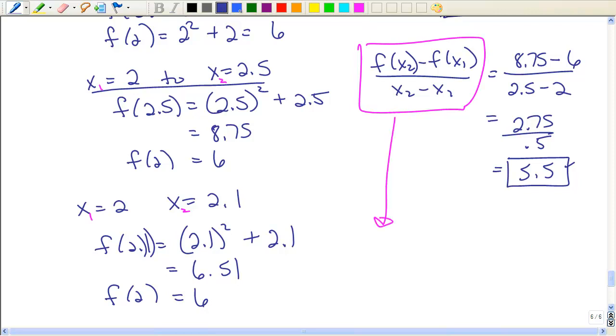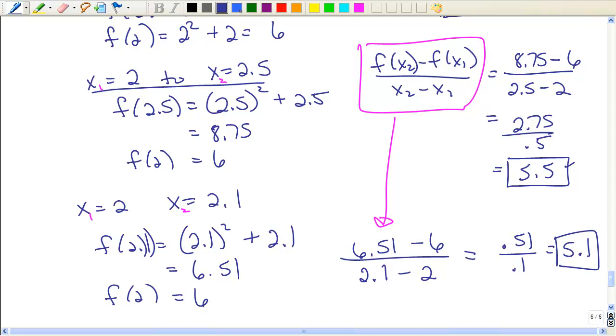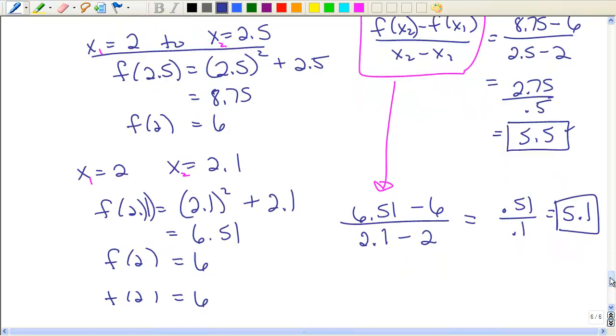So I have 6.51 minus 6 over 2.1 minus 2. I get 5.1. Okay, so I started out with 6, then I've got down to 5.5, 5.1. So maybe as that gets closer and closer, maybe we'll get a slope of 5. Let's check it out.